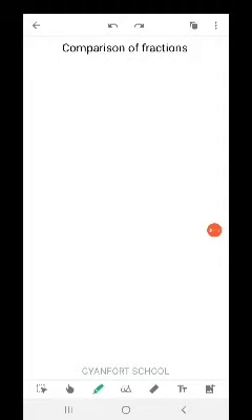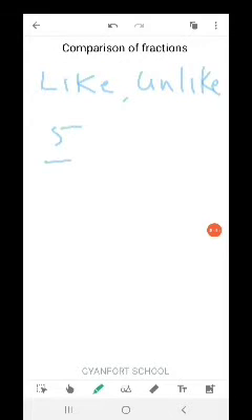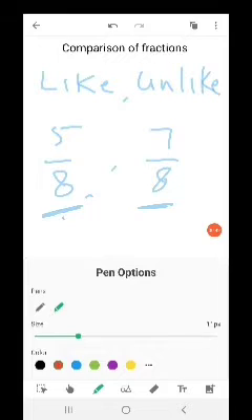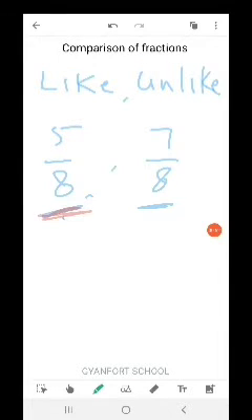Okay, so first let's identify what are like fractions and what are unlike fractions. If a fraction is given like 5 by 8 and another fraction is given like 7 by 8, we can say these are like fractions because in both cases the denominator is the same.